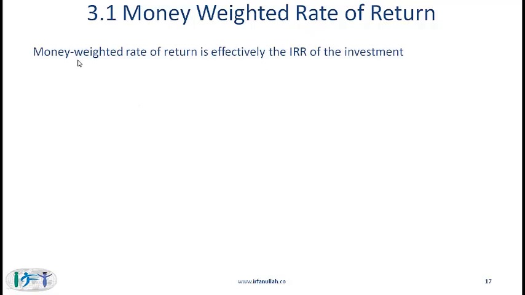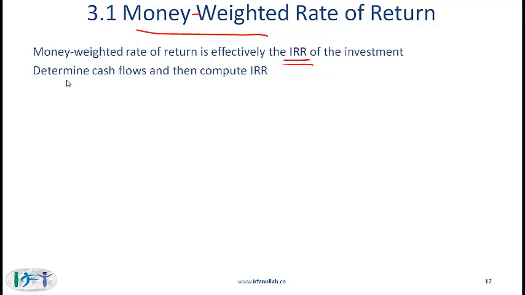The most important point to remember related to money-weighted rate of return is that money-weighted rate of return is effectively the IRR of the investment. So we need to determine the cash flows, which typically would involve investment in the beginning and then hopefully receiving money in the future. So all we need to do is input the cash flows into our calculator and compute the IRR.